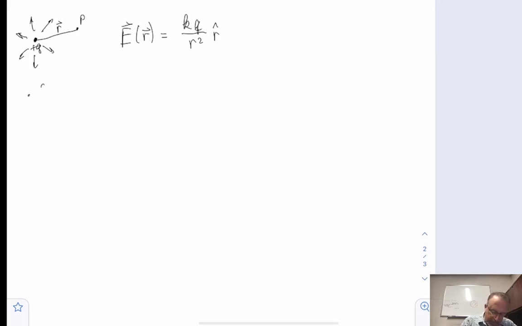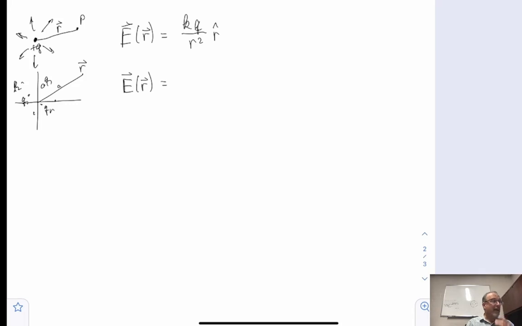If we have a collection of point charges, let's say we have Q1, Q2, Q3, Qn, the electric field from a collection of point charges, again, at some arbitrary point R, is going to be a little bit more complicated, all right?